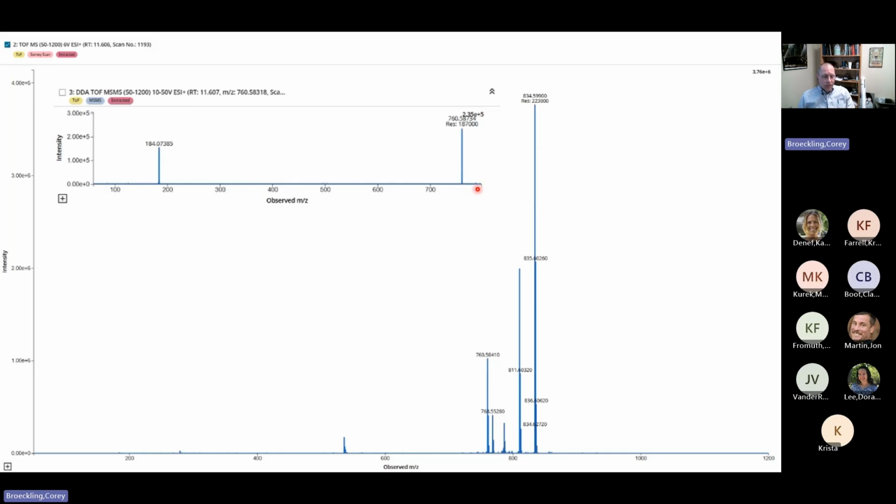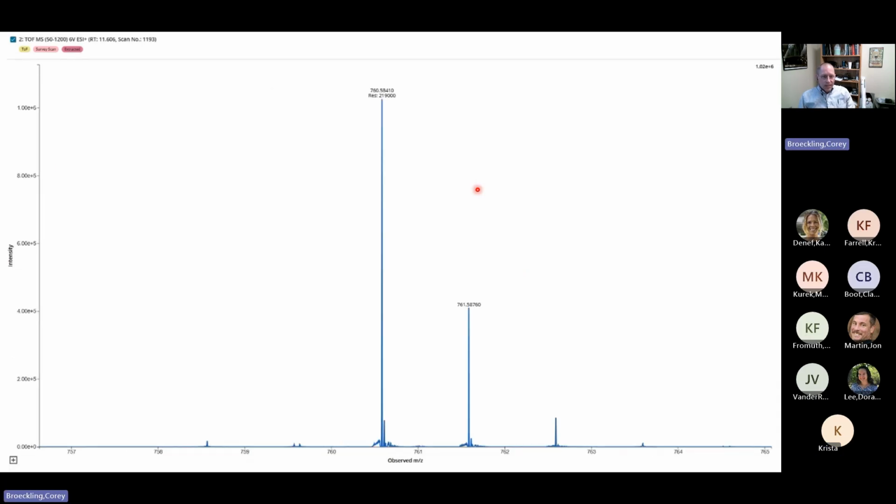Our quadrupole that is doing the precursor selection, we've reduced it down so that it's only acquiring the isotope of interest. What that means is we have less chance of contaminant ions being found in the spectrum when you have a lot of things coming off the column at the same time. But we're keeping sensitivity while doing so. There's often been a trade-off in the past, and on this new system, there's much, much less of a trade-off. The sensitivity is quite a bit better, even when we're being very restrictive on the quadrupole.